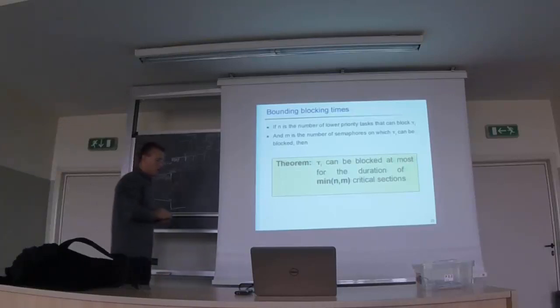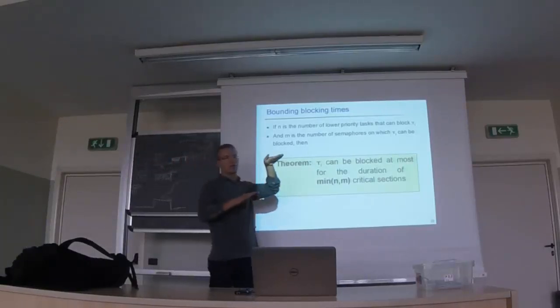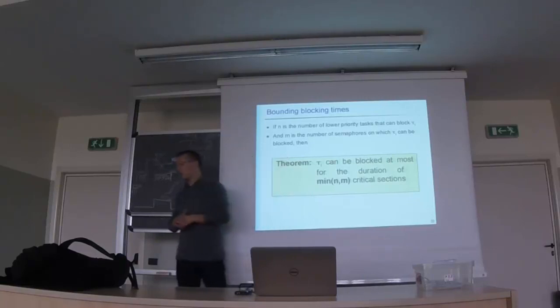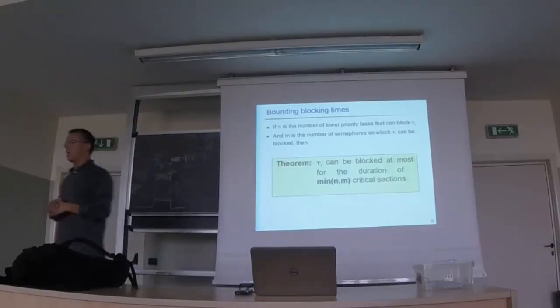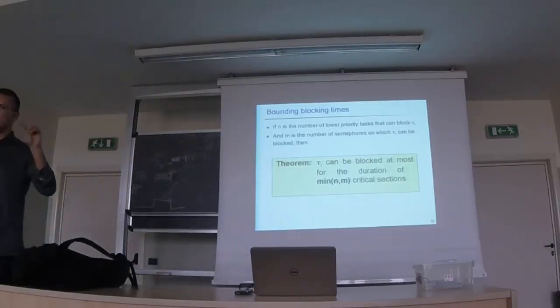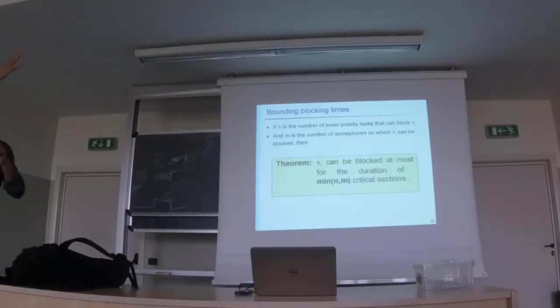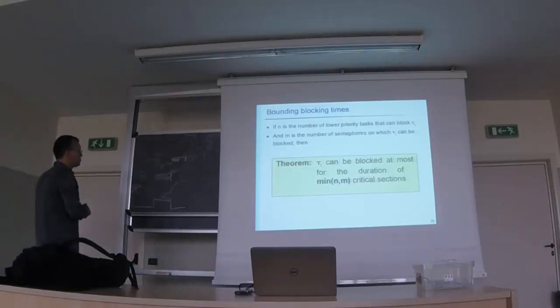So if I'm task 3 and there are only tasks 4 and 5 with lower priority, then I can be blocked at most twice. If I have 5 semaphores and 2 lower priority tasks, I can take essentially the minimum of those 2 values. It is sufficient to take the minimum of those 2 values.